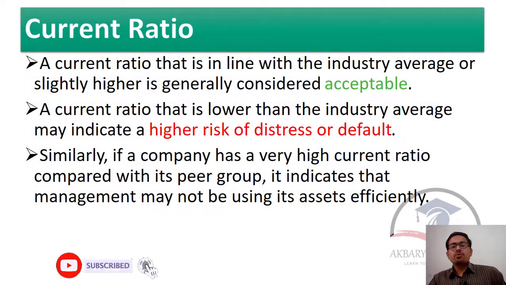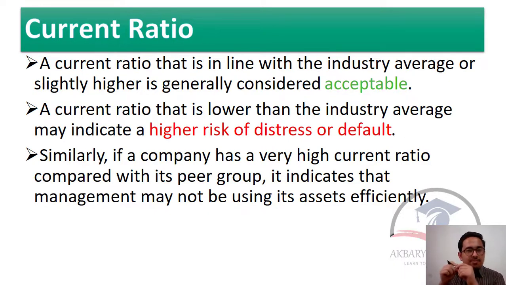A current ratio that is in line with the industry average or slightly higher is generally considered acceptable. What ratio is acceptable? A ratio equal to the average of the industry, of similar companies, or slightly higher than the industry average, is called acceptable.